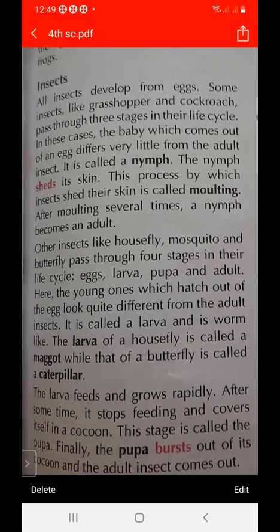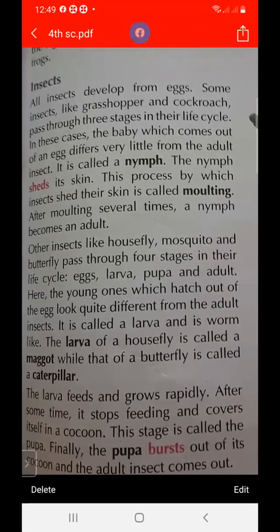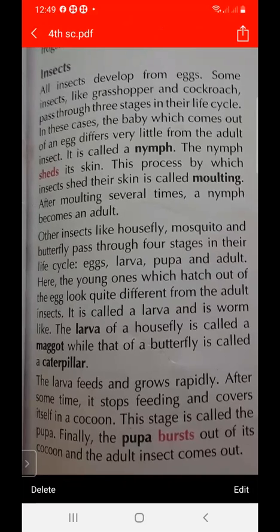So what do you mean by insects? All insects develop from eggs. As we know, insects like the grasshopper and the cockroach develop from eggs, and they have three stages in the life cycle.